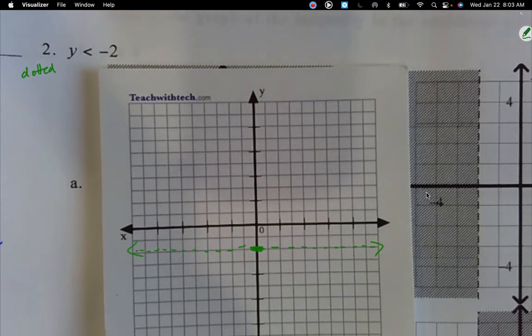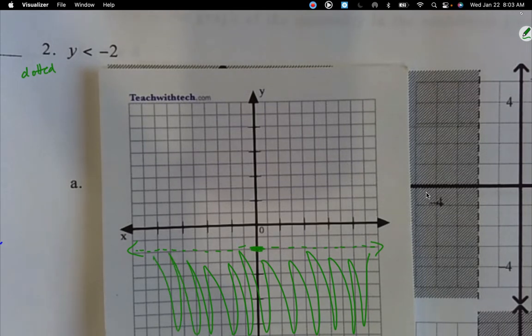Now, where are we less than that? This is kind of like Friday stuff. Do we go up or down? Down. So from there, if I go down, that's going to be all of this right here. That is all my y values that are less than -2. That's what that says. They start here and they go down.